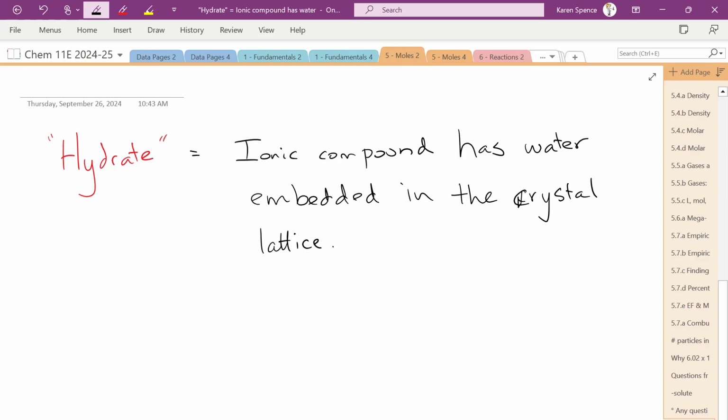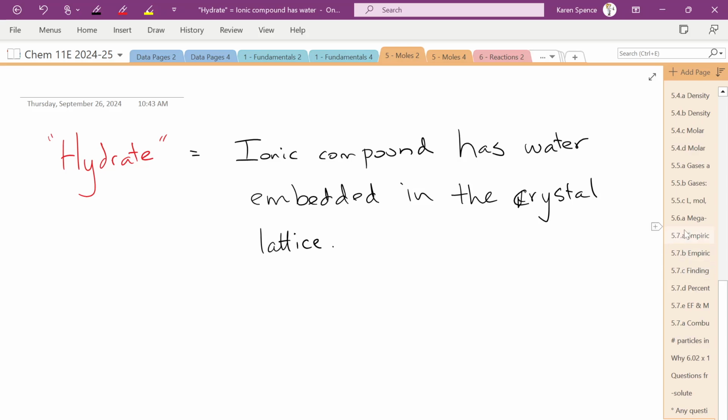Why do the ionic bonds not break? Because they're much stronger. Okay, excellent. All right, so you can imagine we could separate the water from the hydrate in an experiment, yes? Okay, so we could find an empirical formula for a hydrate.